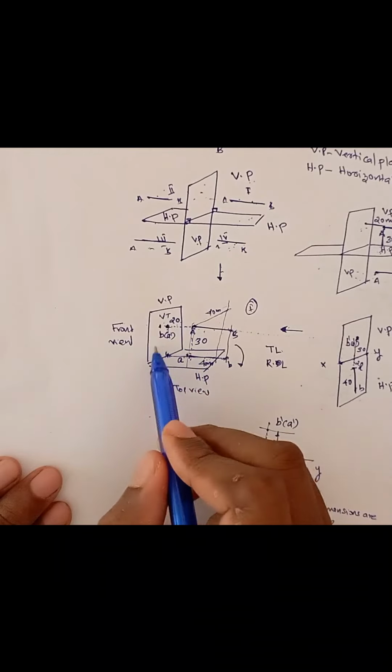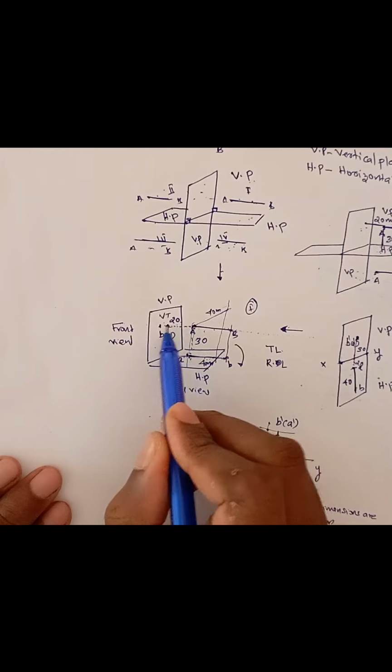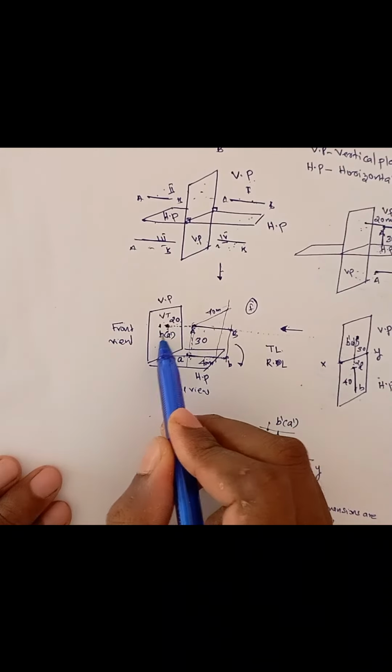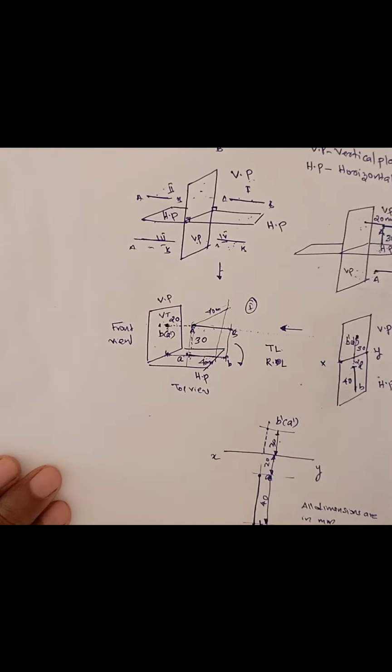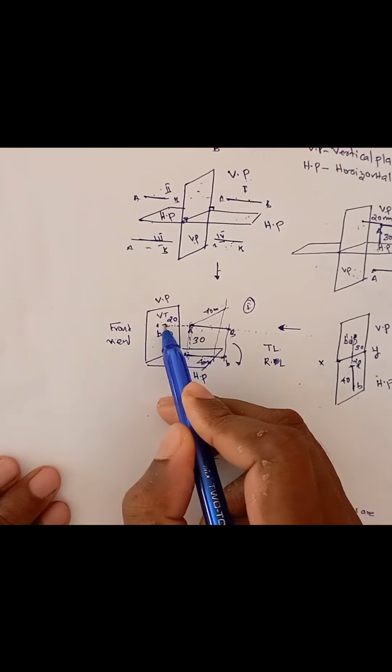Okay, it never meets the horizontal plane. What about the vertical trace? Suppose I extend this line along this direction, it will meet a point, the same projection point, and that is the vertical trace. That means the point itself is the vertical trace.